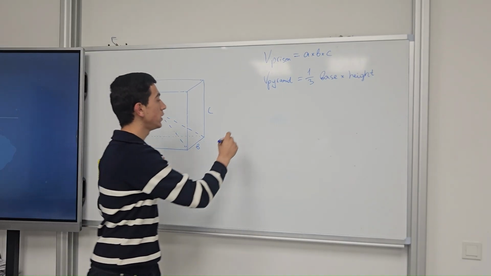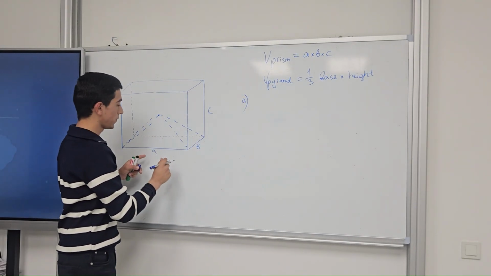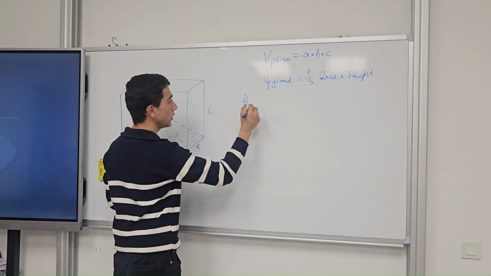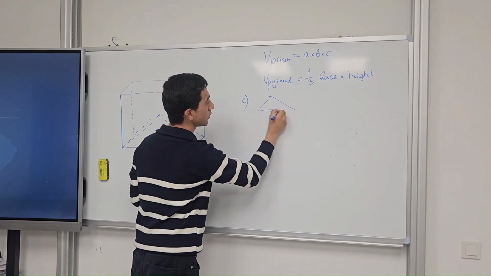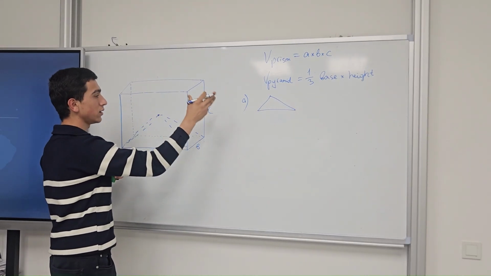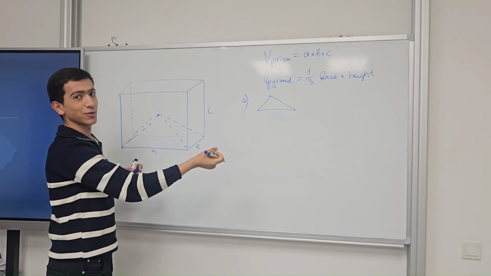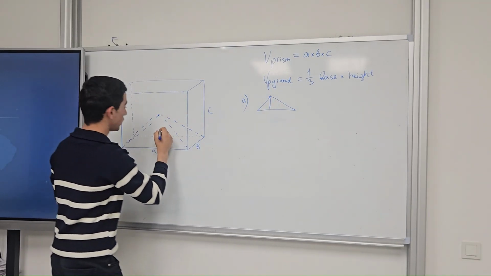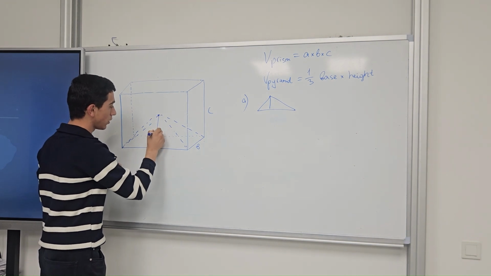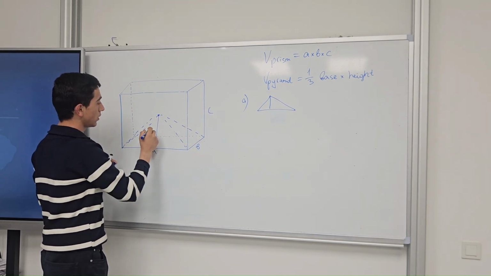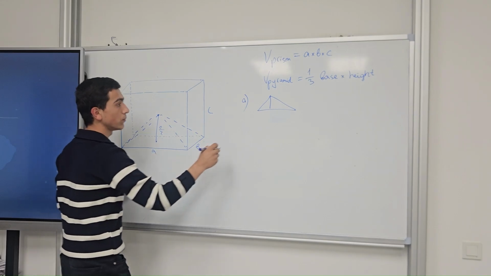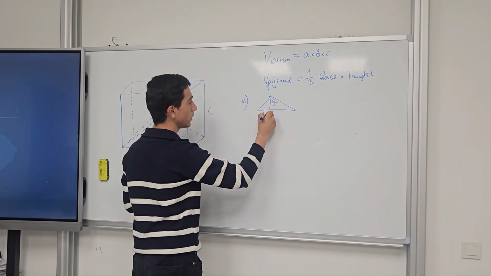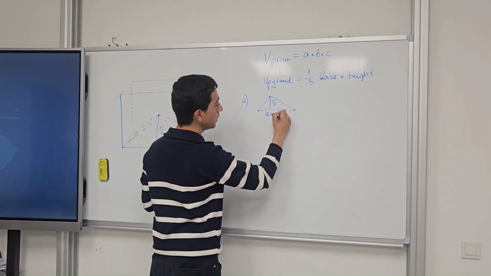We can see here the base of the pyramid is A multiplied by B. And imagine this is the 2D shape of the pyramid, and the height of the pyramid is C over 2, and the surface area of the base is A multiplied by B.